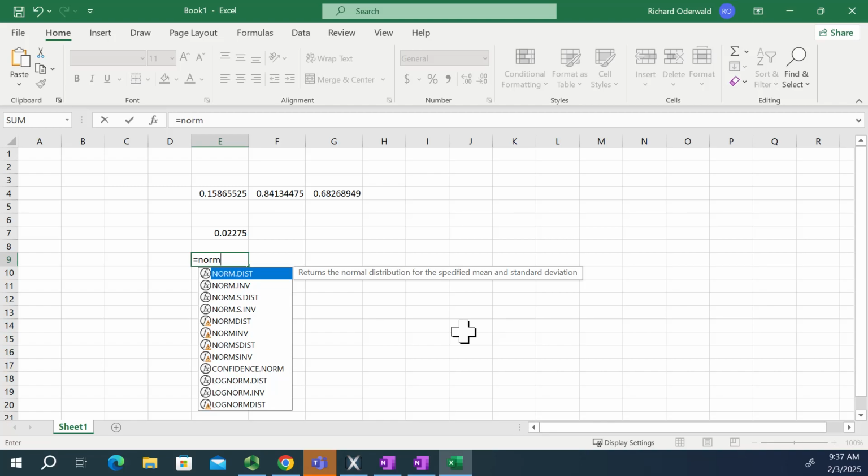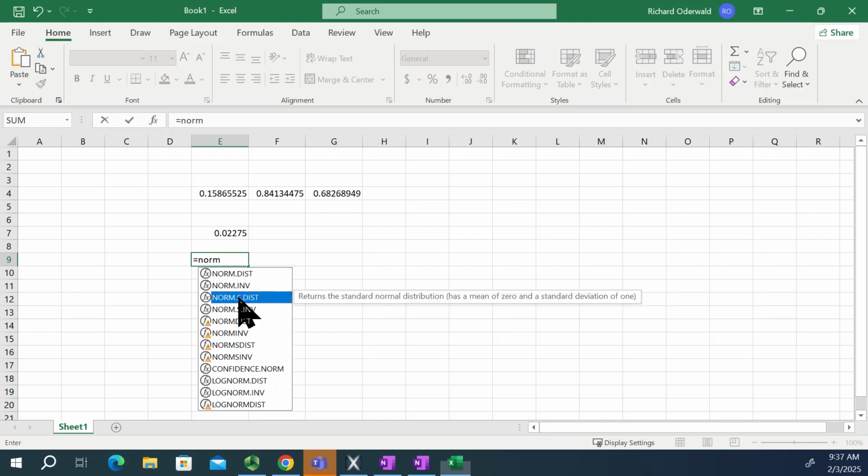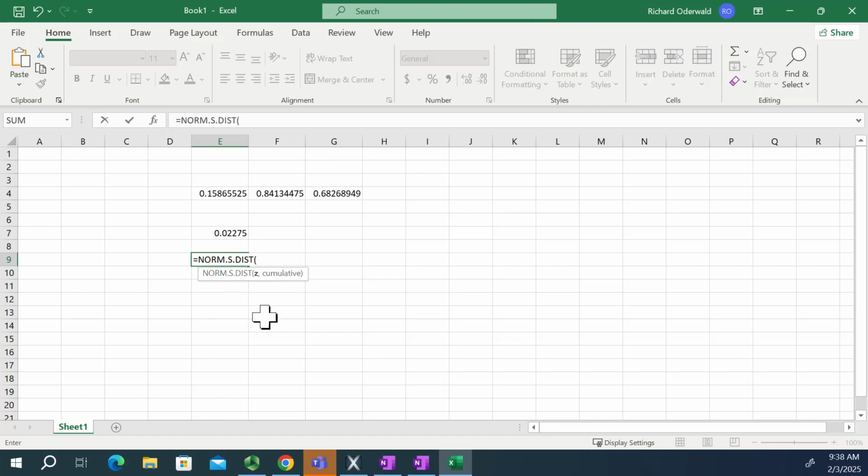When I make that transformation, this 7 minus 10 divided by 3, I change it to a 0 for the mean and a 1 for the standard deviation. So if I go here, norm.s.dist, I only get one number, a z, which in this case for 7 is minus 1.